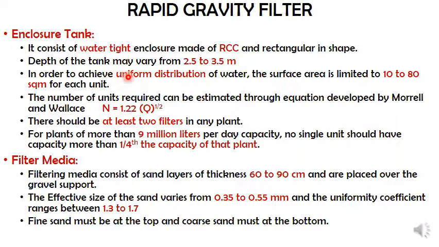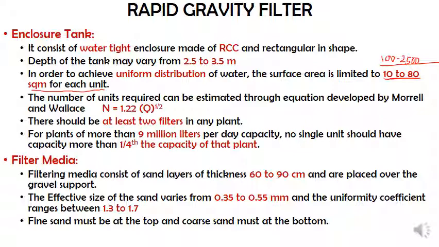In order to achieve uniform distribution of water, the surface area is limited to 10 to 80 square meters for each unit. In the previous case of slow sand filters, since we had a very low filtration rate, this value was around 100 to 2500 square meters, whereas here it is only 10 to 80 square meters for each unit.